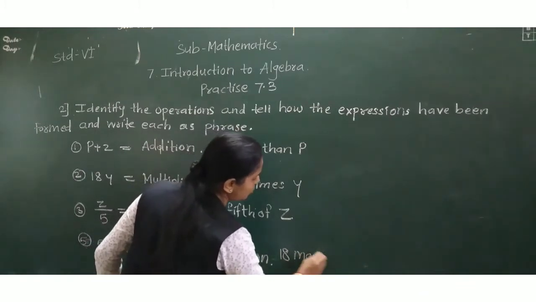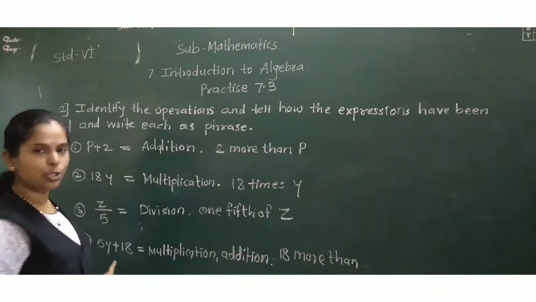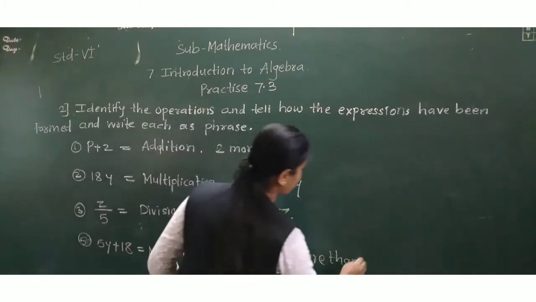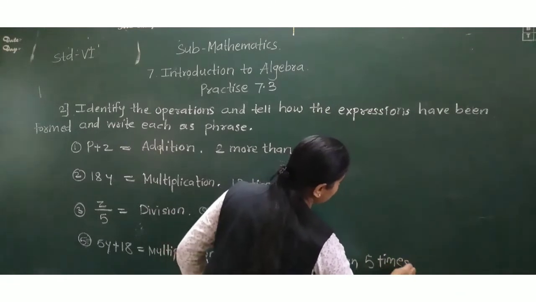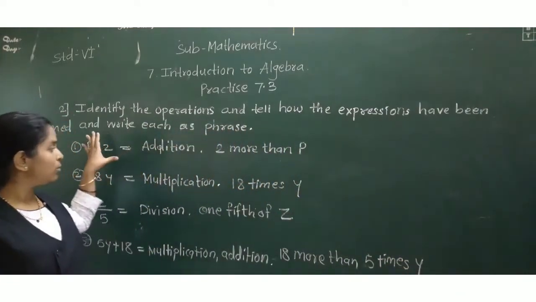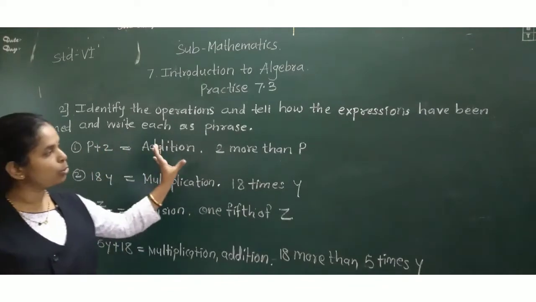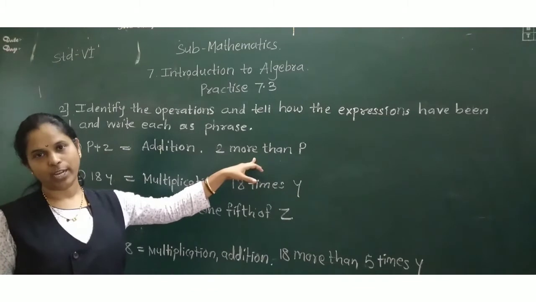So 18 more than 5 times y. Followed? So along with the operation, this is how to write the given algebraic expression in the form of a phrase.